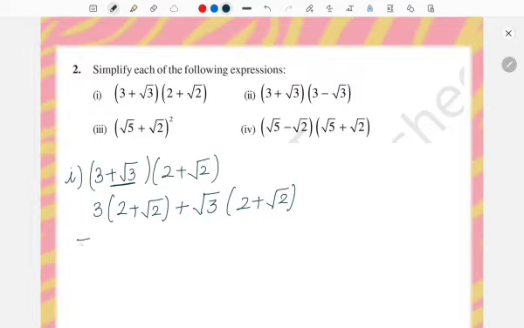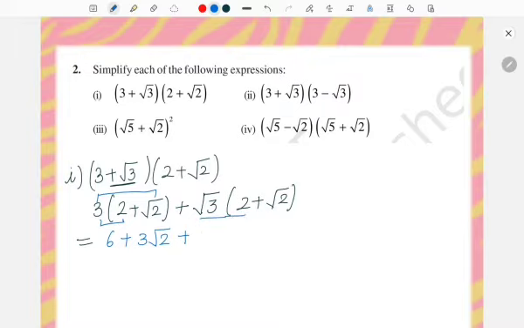Okay, now this would become 3 multiplied by 2, which is 6. Then plus, we have plus here. Then we are going to multiply 3 with root 2. 3 into root 2 is 3 root 2. Then you have plus root 3 into 2.